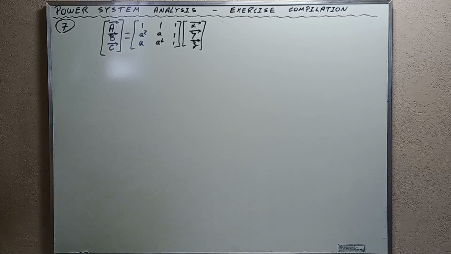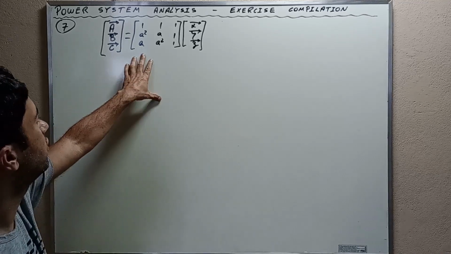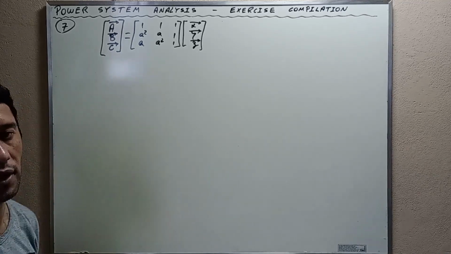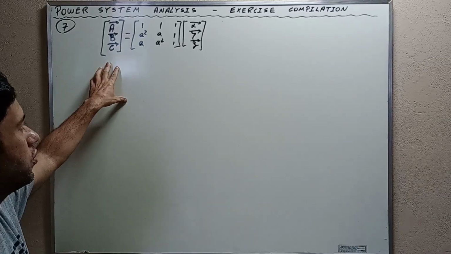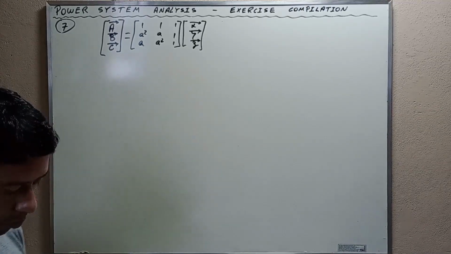Okay, my friends, we are going to analyze this matrix equation that the exercise provided and compare it with the standard way of writing the relationship between currents and voltages with their symmetrical components.